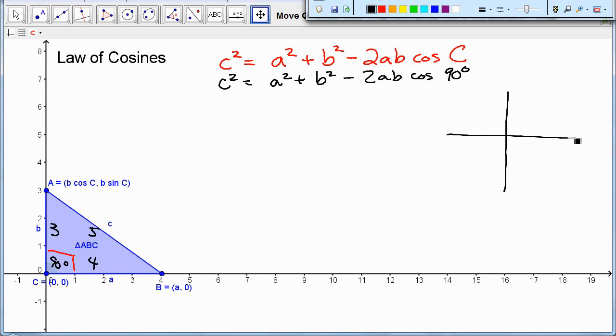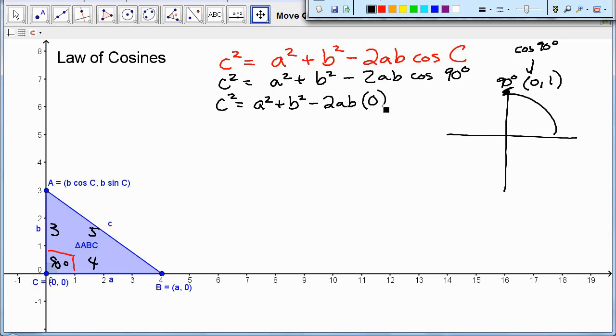If I were to go to a unit circle and I was at 90 degrees, this coordinate right here would be (0, 1). And since my x-coordinate happens to be the cosine of 90 degrees, I could then substitute c squared to equal a squared plus b squared minus 2ab times 0. That's my cosine of 90. Realize that anything times 0 is 0 for this whole piece.